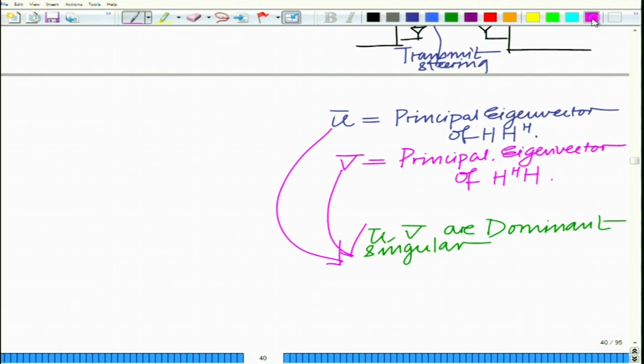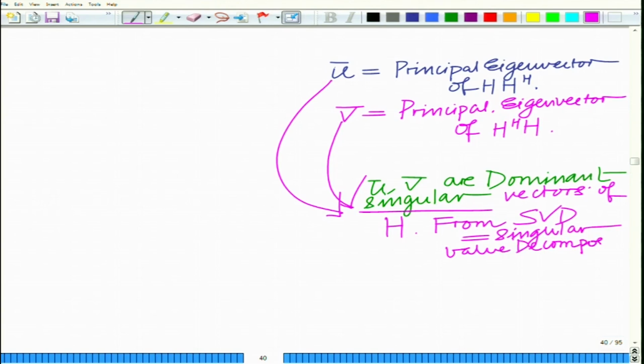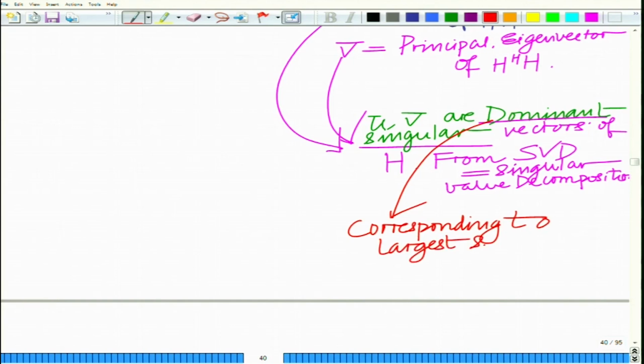This is a key phrase: not eigenvectors but singular vectors of H, from the SVD, the singular value decomposition, not the EVD. Remember, a dominant singular vector means the one corresponding to the largest singular value.